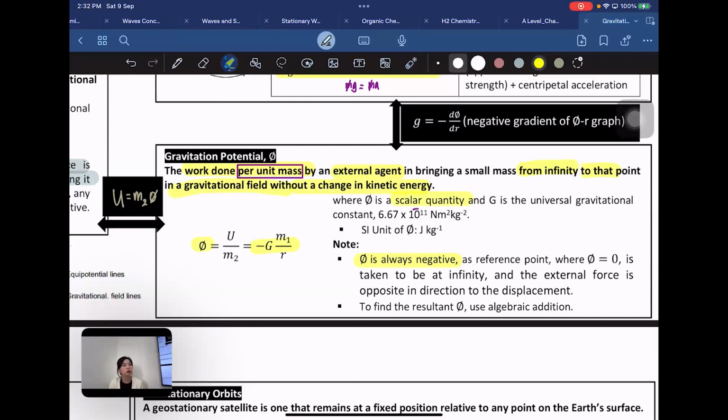Lastly, because it is scalar, to find resultant, use algebraic addition. Clear?